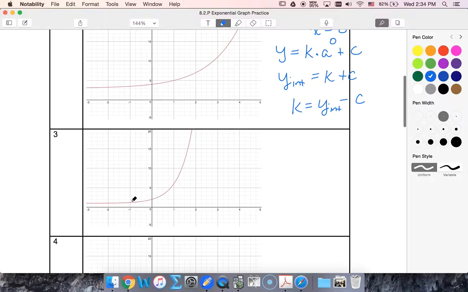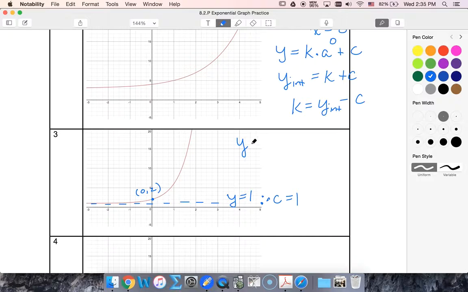In this example, it seems to me that y equals 1 is my asymptote. So coming over here, it would be somewhere around there. So y equals 1 is the asymptote. Therefore, my c value is 1. I see that I have a y-intercept over here at 2.